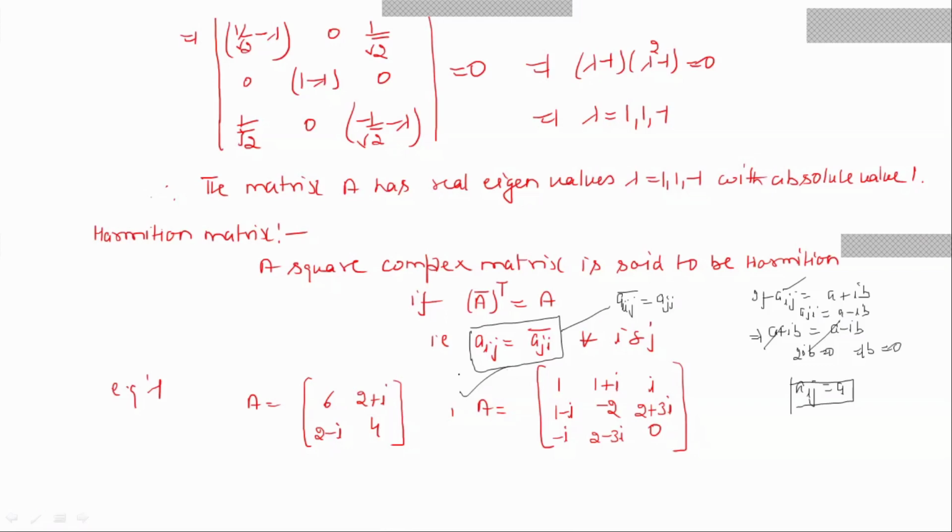Yes, you have to prove that this is a Hermitian matrix. For that you should calculate A conjugate first for this matrix, then the conjugate transpose. If A transpose conjugate is again equal to the A matrix, then it is a Hermitian matrix. If it is a Hermitian matrix, then find out its eigenvalues.